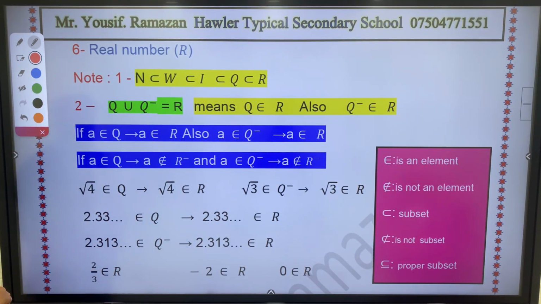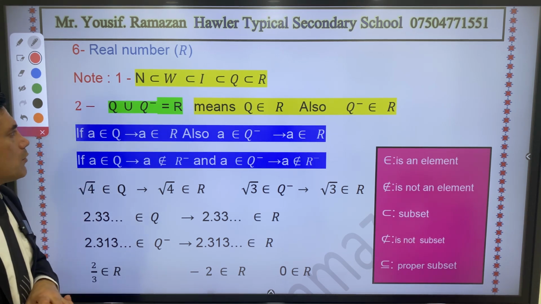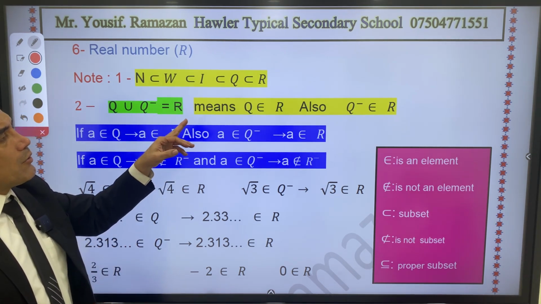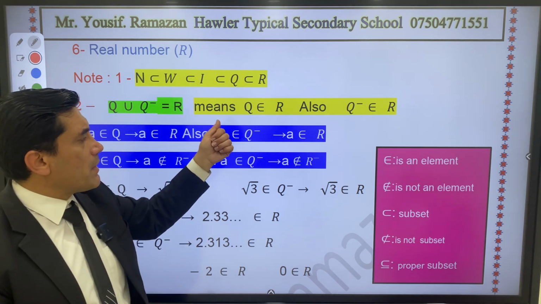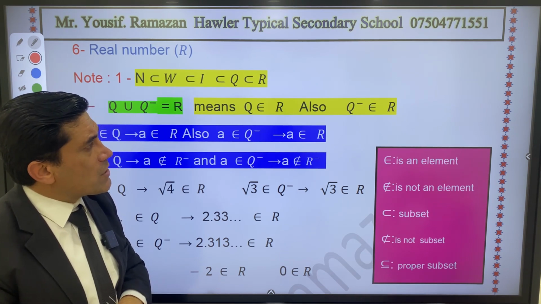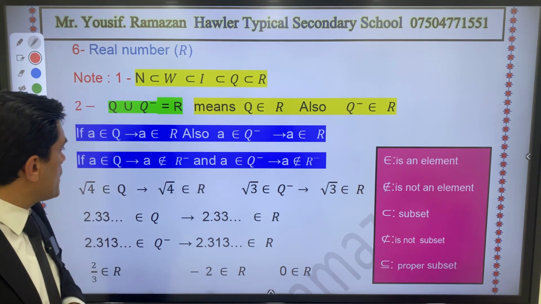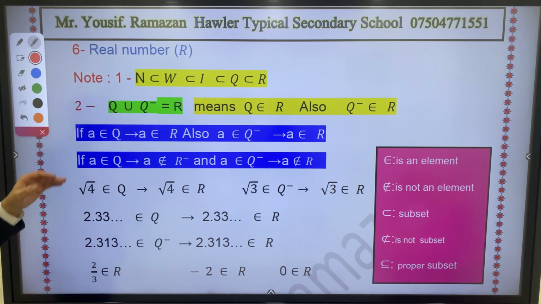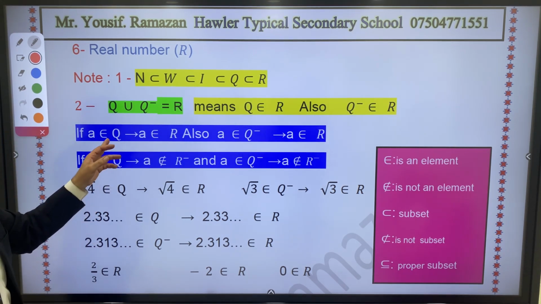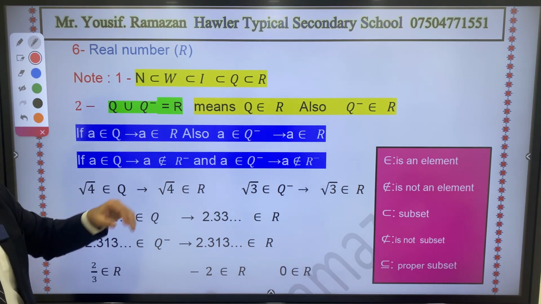So now, I say Q union Q prime equals the real numbers. That means any number in rational numbers belongs to real numbers. Also, any number in irrational numbers belongs to real numbers. Notice if a number belongs to rational numbers, it also belongs to real numbers.